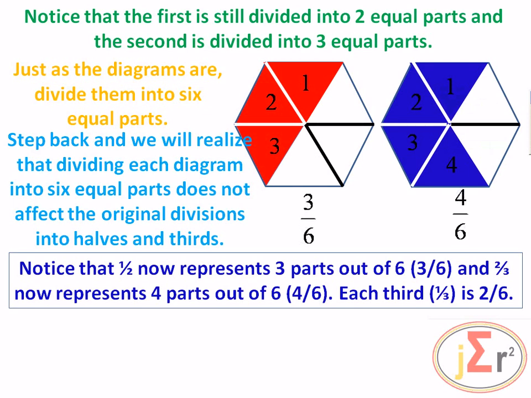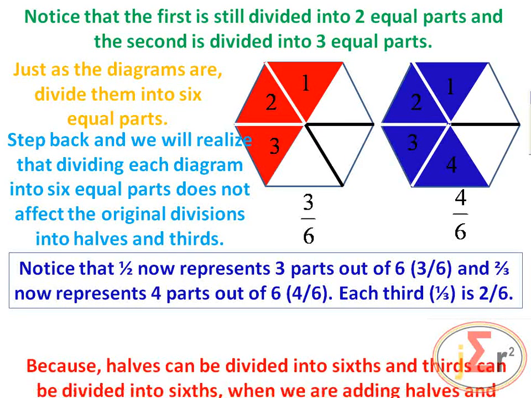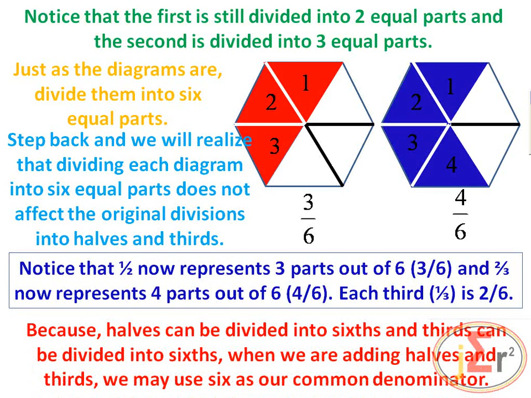So we may rewrite those fractions in sixths, because halves can be divided into sixths and thirds can be divided into sixths. When we are adding halves and thirds, we may use 6 as our common denominator, right? Because halves can be divided into sixths and thirds can be divided into sixths.